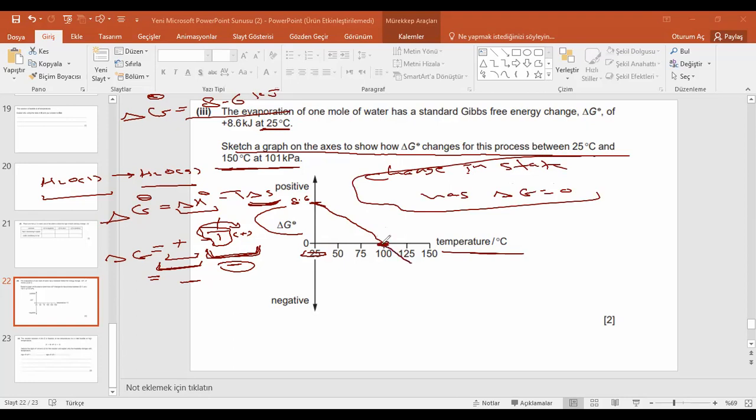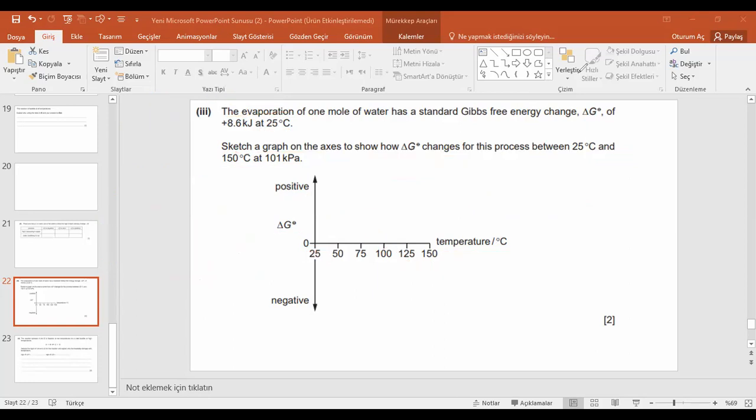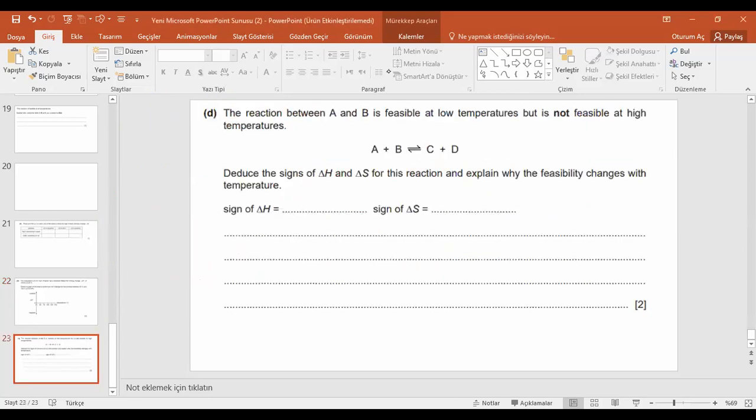As you increase the temperature, the process will be more spontaneous. Delta G gets a larger negative number. Keep moving like this. So yeah, we finished the question, but as I said, it is a tricky question. Let's move to the next question.